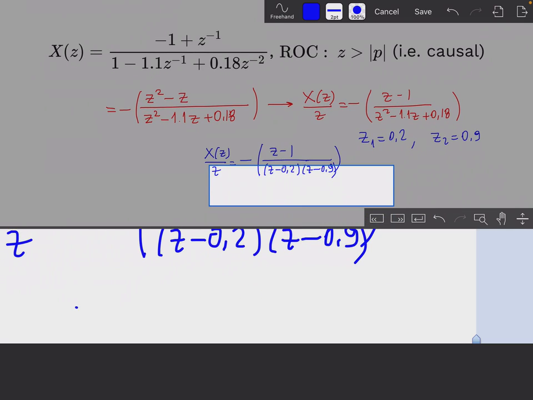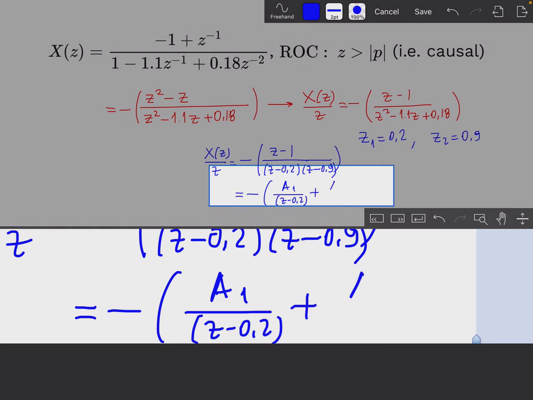So we would like to write this in a form which looks like this: a1 over z minus 0.2 plus a2 over z minus 0.9.